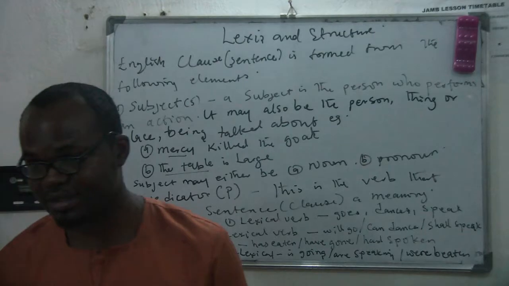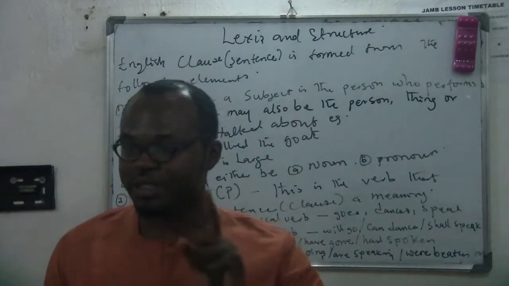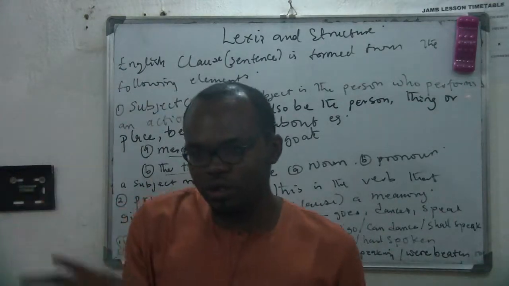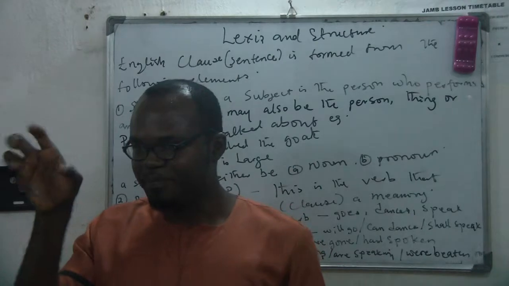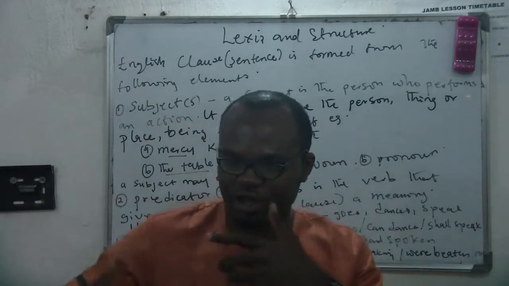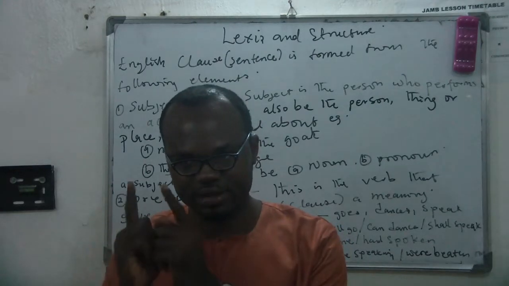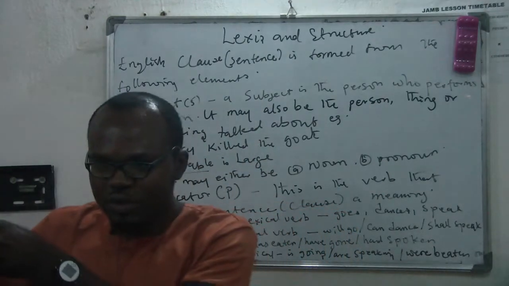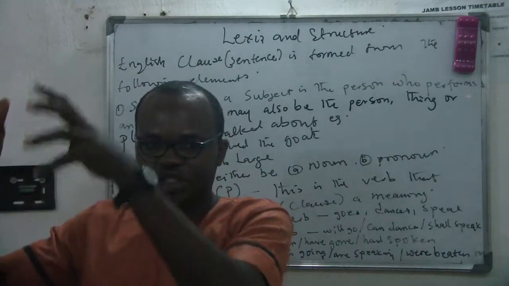The sentence is telling us that Tolu beats Musa. Tolu is the subject. The person or thing that performs the action is the subject. Tolu is the person performing the action, so it is known as the subject.